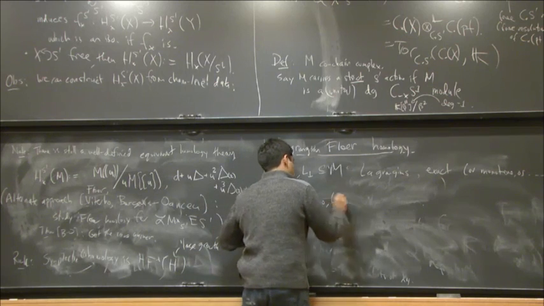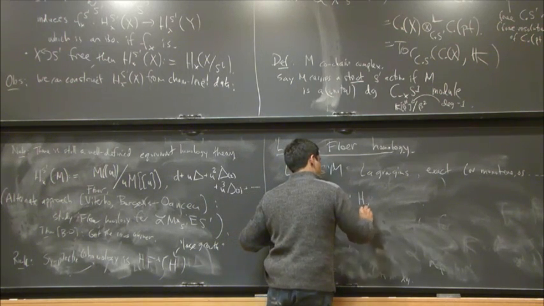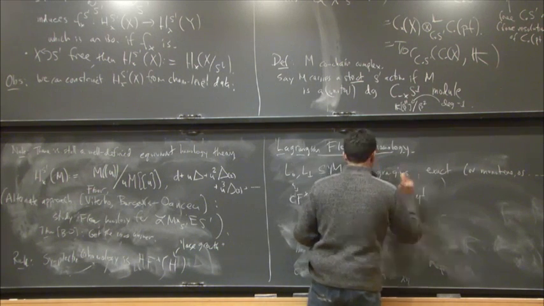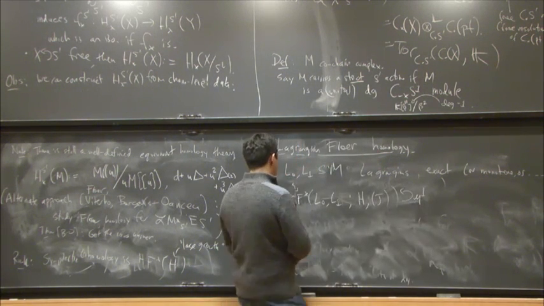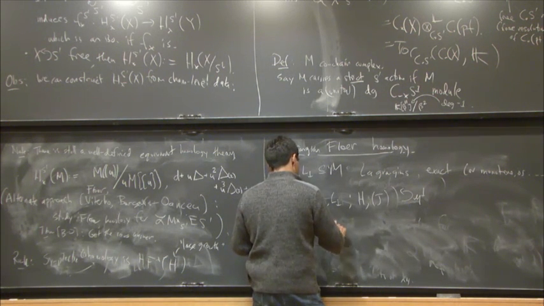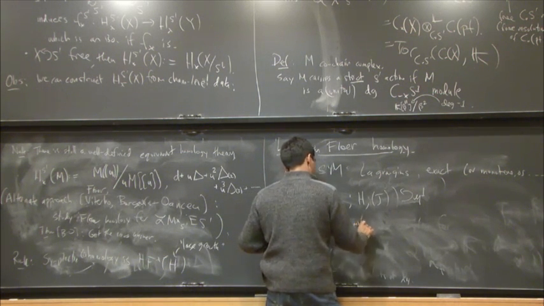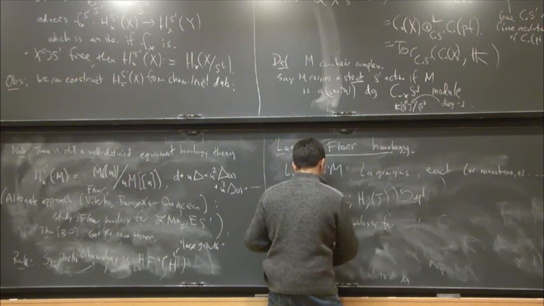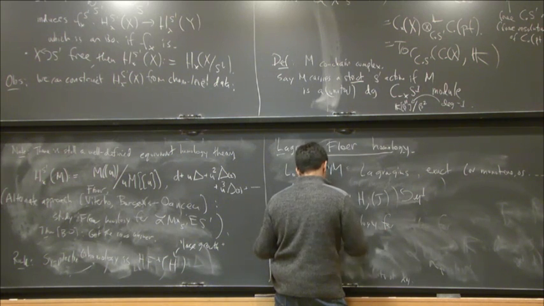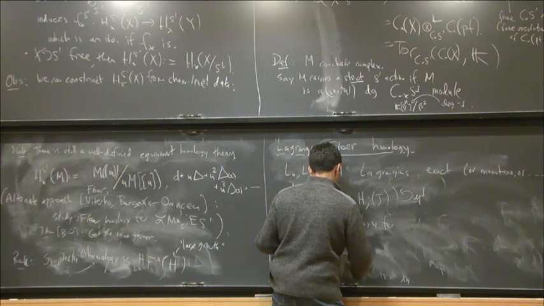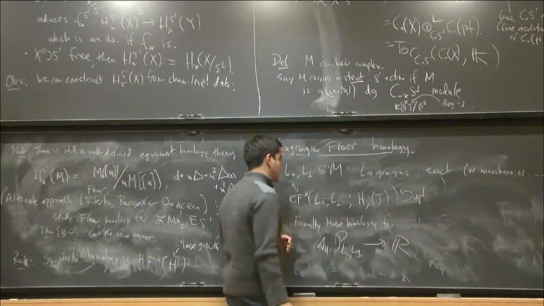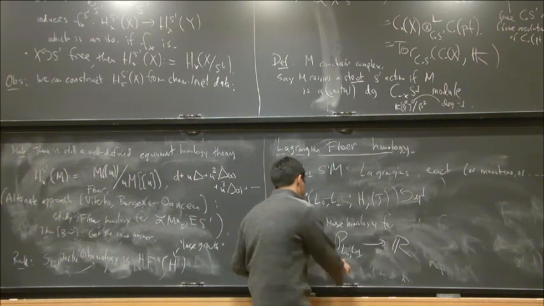And in nice cases, we can define a chain complex with a differential called the Lagrangian Floer homology, and it's again formally a Morse complex. It's a Morse homology type complex for essentially the same action functional. But this time, instead of the free loop space of M, we look at the space of paths.